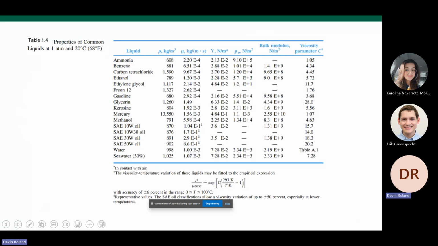And so if we go to that table, then we see that water has a gamma value. I actually might have grabbed the wrong table here. Let me see.